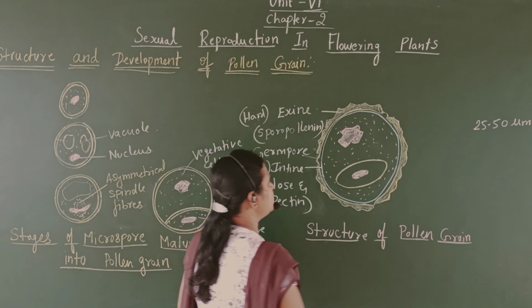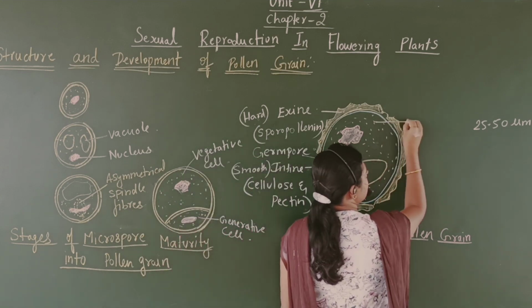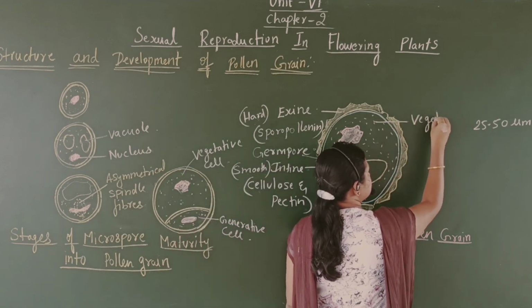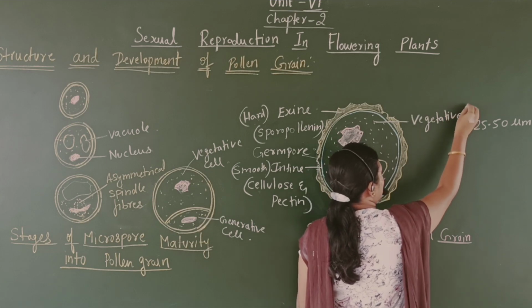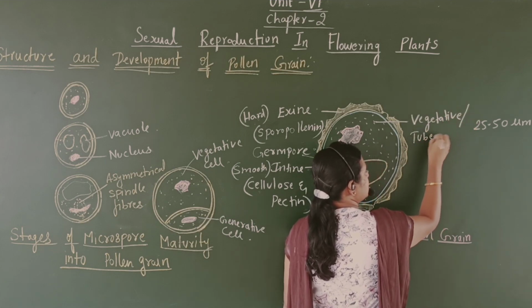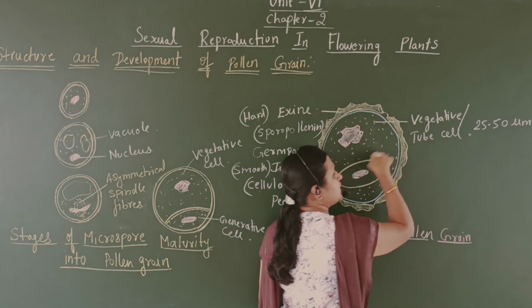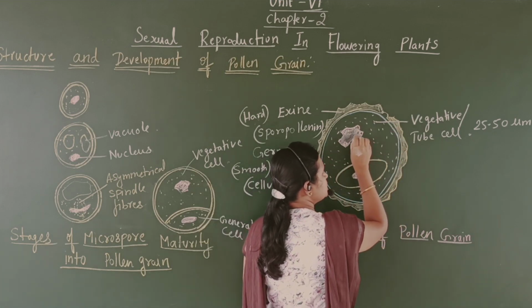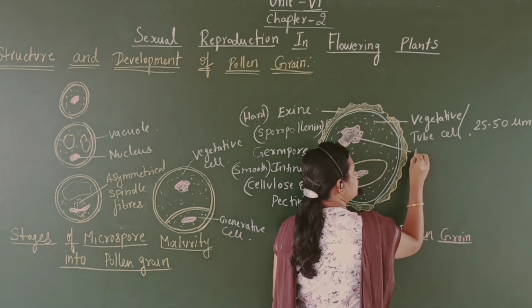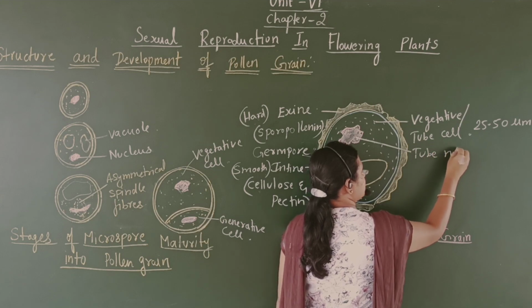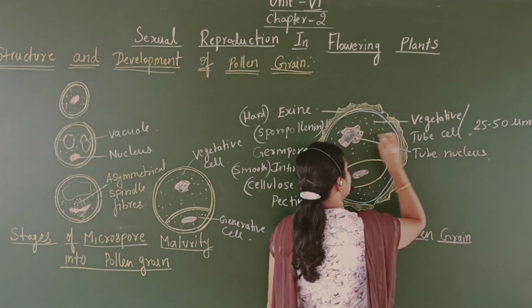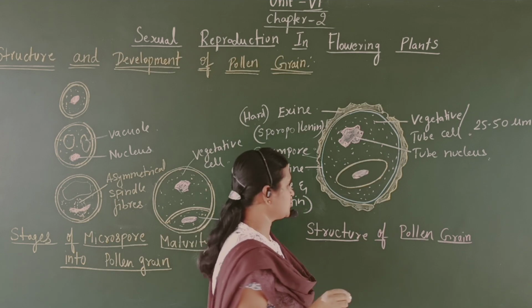The bigger cell is called the vegetative cell, or tube cell, and its nucleus is called the tube nucleus, which is irregular in shape.